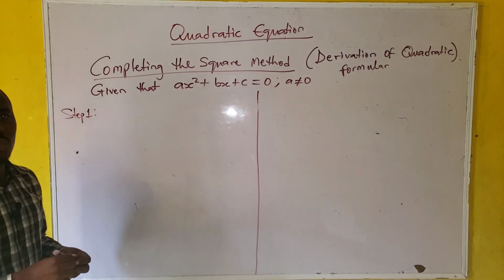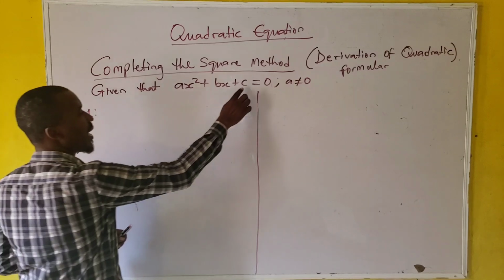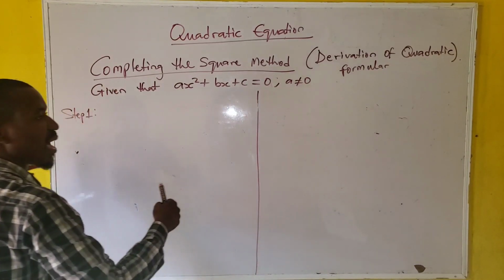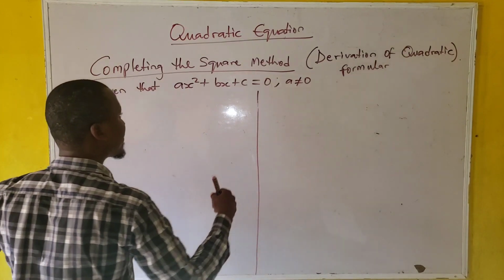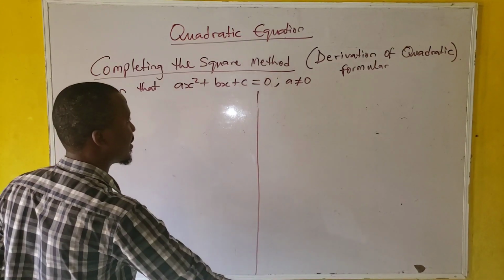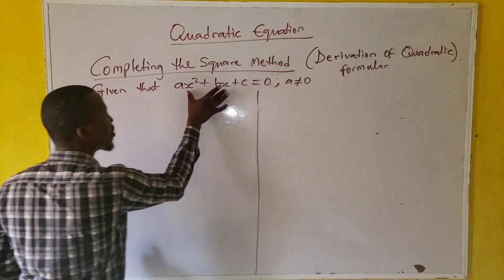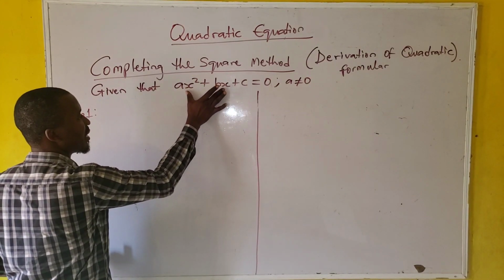The first thing to do is to transfer our constant. Of course, in an equation, we have the left-hand side and we have the right-hand side. So we are going to take our constant to the right-hand side because we just have to have these two terms left.